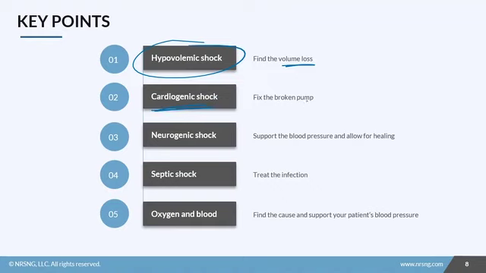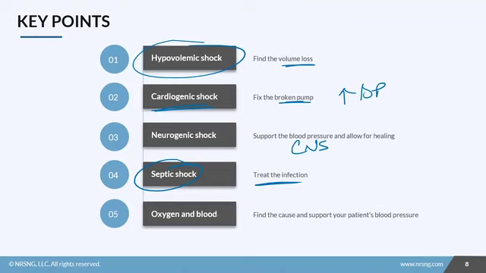Cardiogenic shock, we need to focus on fixing that broken pump and then increasing the contractility and then increasing that blood pressure. Neurogenic shock, remember that the central nervous system or the spinal cord or whatever part of that system is not working and you lost that tone. So you've got to support the blood pressure and allow time for the nervous system to heal. Septic shock focuses on the infection. If you have an inflammatory response, treat the infection and support the blood pressure.